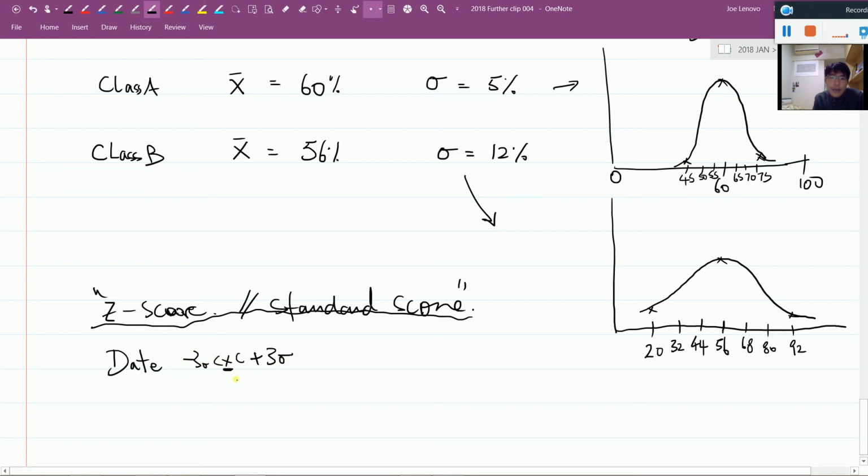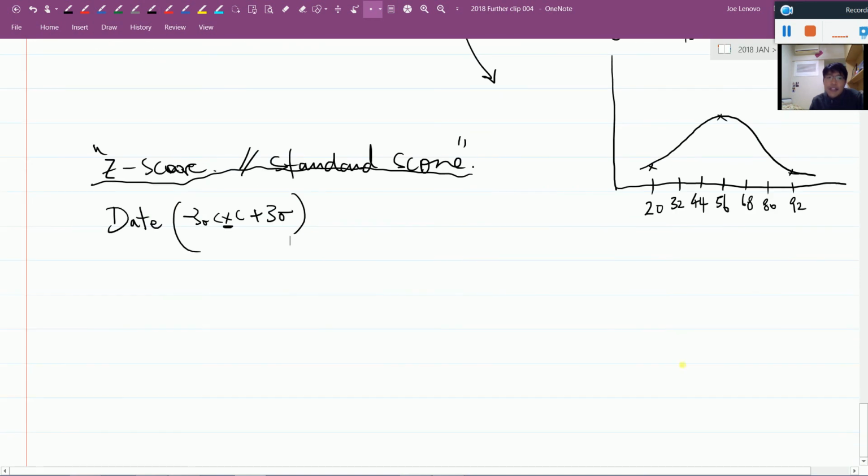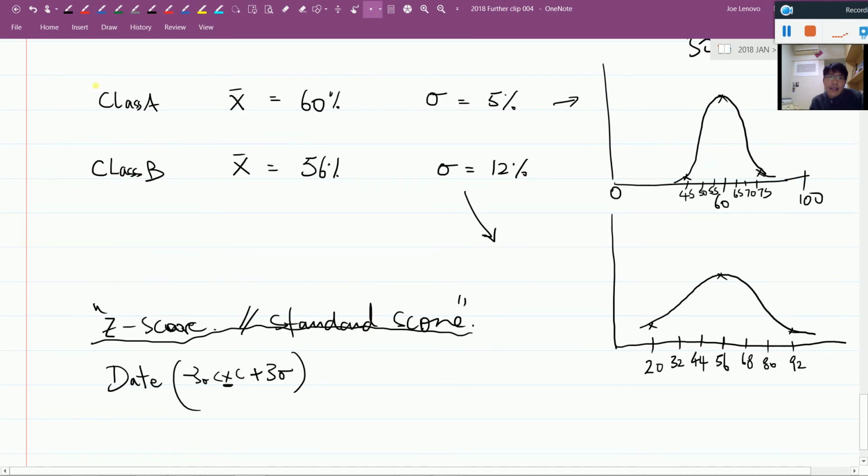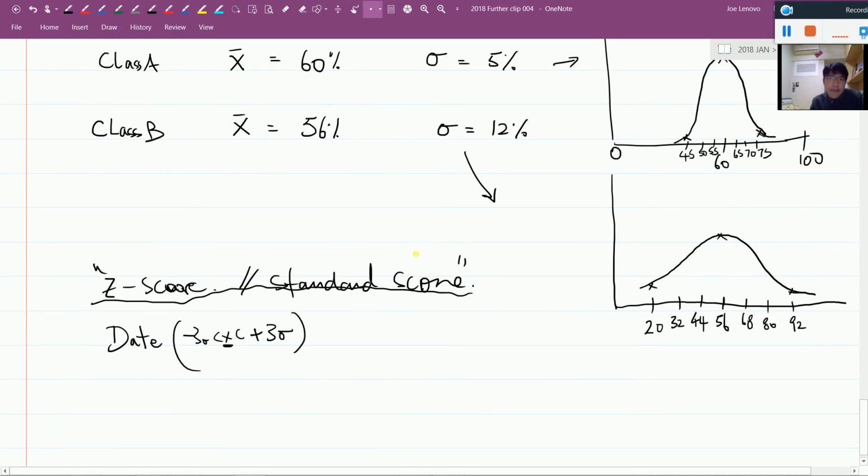So the data that we have is between +3 and -3. And the standard score is based on how many standard deviations it is away from the mean instead of the actual marks. So going back to the questions at the class A and class B.